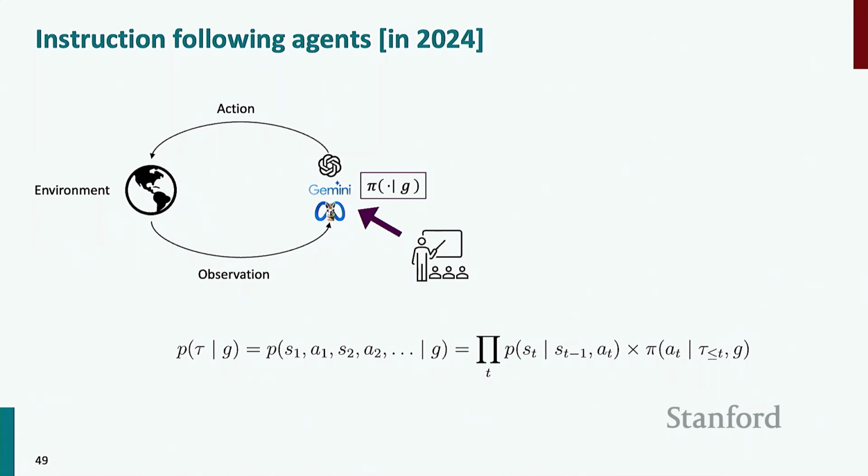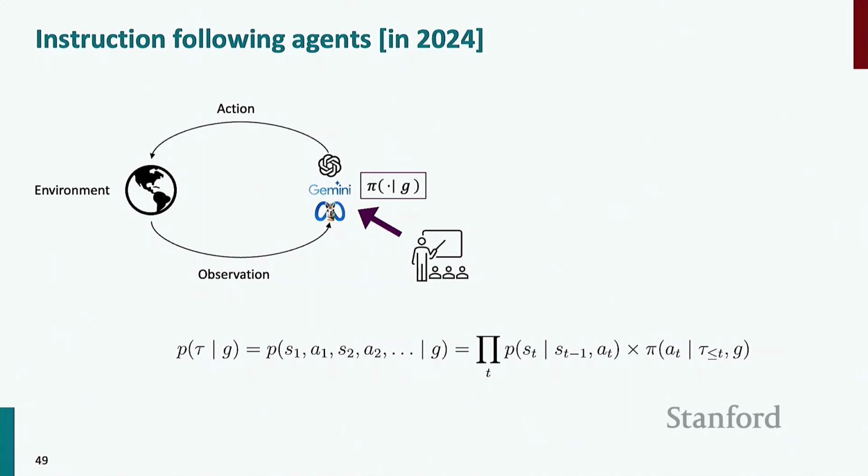So I want my model to book a flight from San Francisco to New York, and I want it to produce a trajectory of maybe typing and clicking actions. So let's look at how that factorizes. The probability of a trajectory conditioned on a goal or an instruction is just the probability of the state, action, next state, and so on, conditioned on the goal.